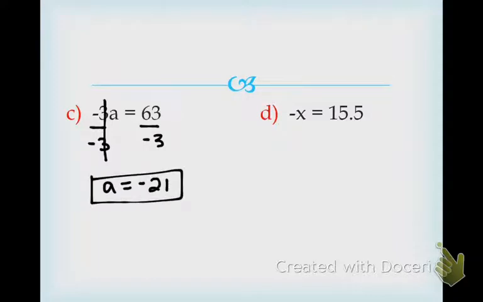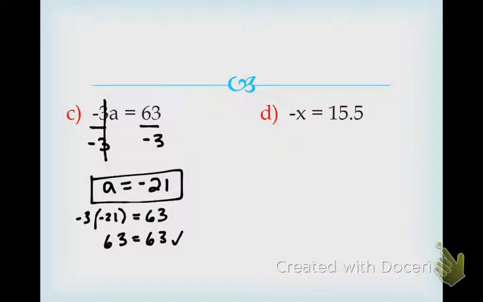Negative 21 times negative 3 equals 63. Excellent job. So 63 equals 63. Very good. Because remember, if you're multiplying by two negatives, it will equal a positive. Anytime you have an even number of negatives, it always equals a positive answer. Great work. Let's go to the next one.